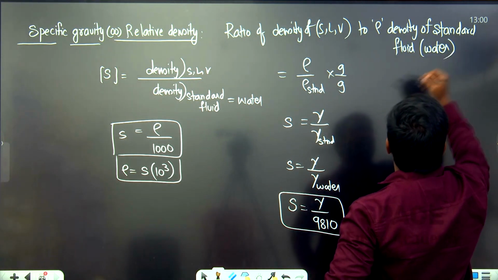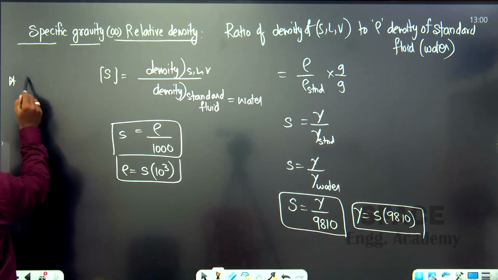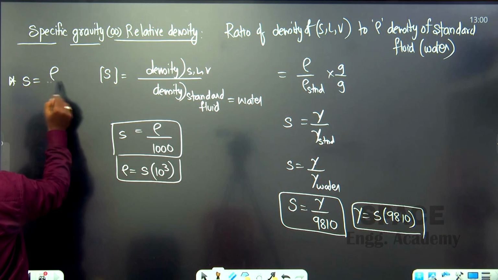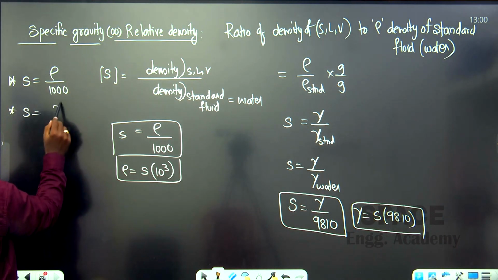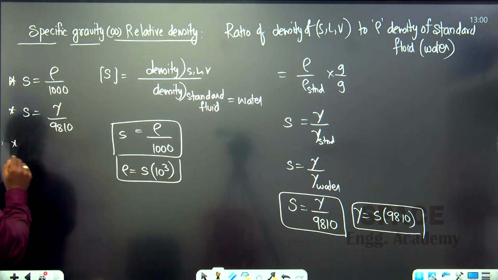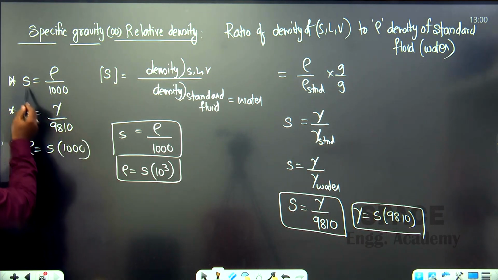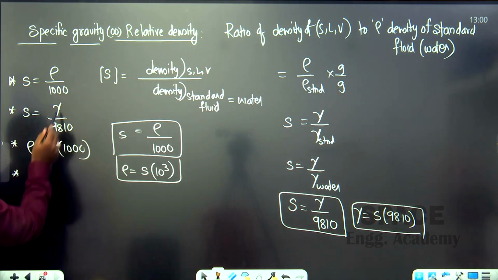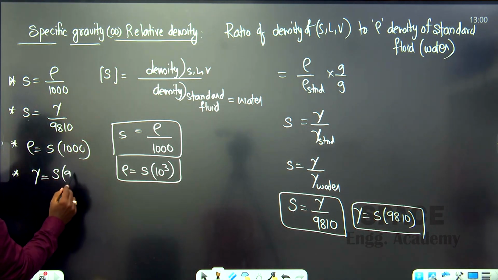So what are the two formulas we can write? Specific gravity is equal to density divided by 1000, or specific gravity is equal to specific weight divided by 9810. With which the formula for density we can write as specific gravity into 1000, or the specific weight formula as specific gravity into 9810.